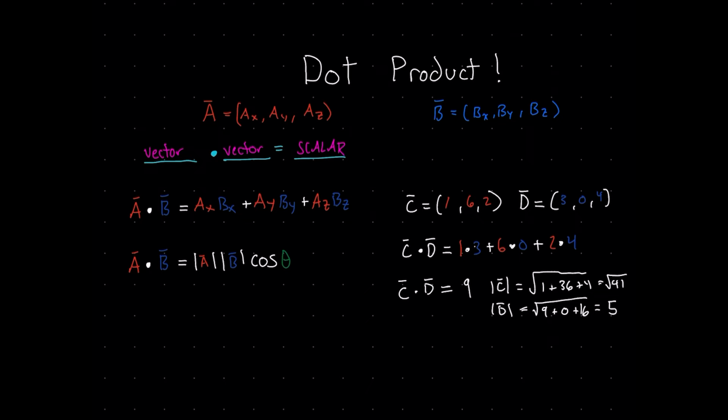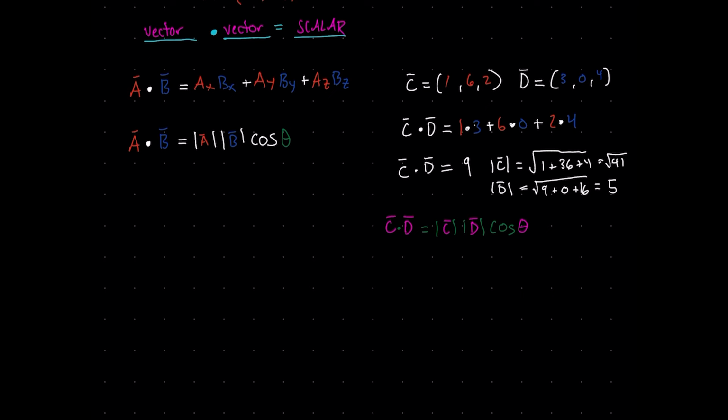Okay, so now to find the angle, let's write this out as C dot D is equal to the magnitude of C times the magnitude of D times cosine of this angle we're trying to find, theta. Let me rewrite this real quick just so it stands out a little better. Now solving for theta, what we'll do is isolate that variable.